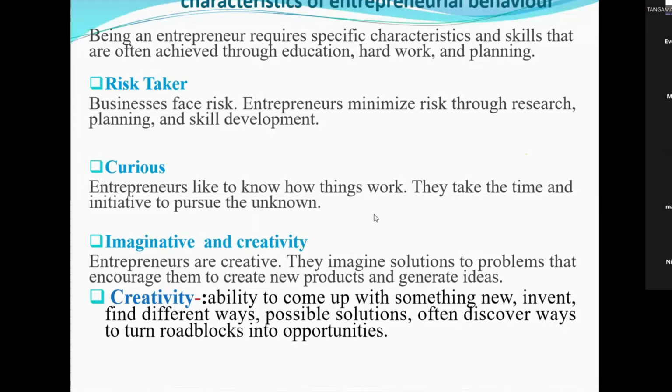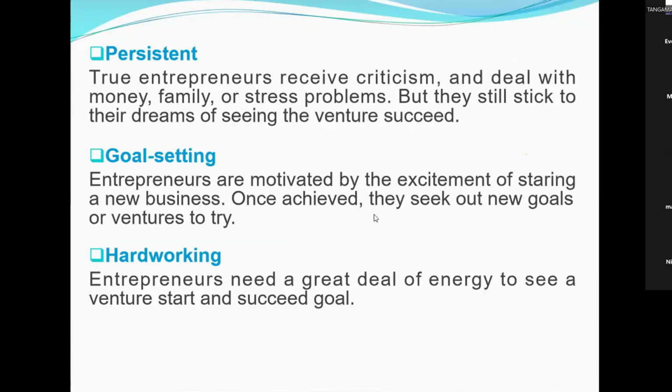The entrepreneur also is persistent. True entrepreneurs receive criticism and deal with money, family, or stress problems, but they still stick to their dreams of seeing the venture succeed. The entrepreneur is also a goal setter and hardworking.